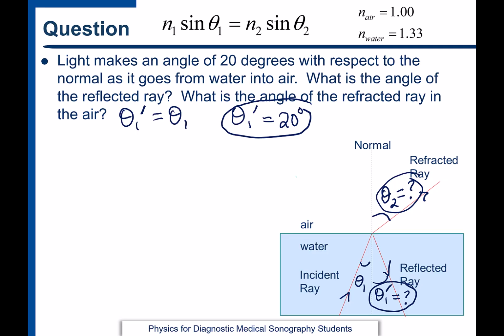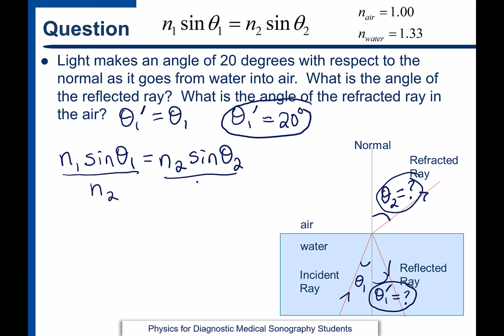In order to do that, I'm going to start with Snell's law: N1 sine theta 1 is equal to N2 sine theta 2. Notice that once again we're trying to solve for theta 2, so I'll divide both sides by N2. Therefore, sine theta 2 is equal to N1 sine theta 1 divided by N2.